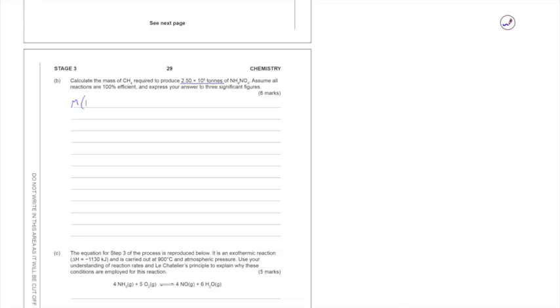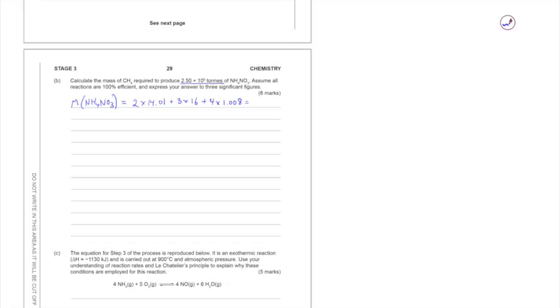So the molar mass of NH4NO3 is equal to, and again, unfortunately, it's not provided. So what we're going to have to do is look in our periodic table of elements. And for that, I'm going to find that it is 2 times 14.01 plus 3 times 16 plus 4 times 1.008.